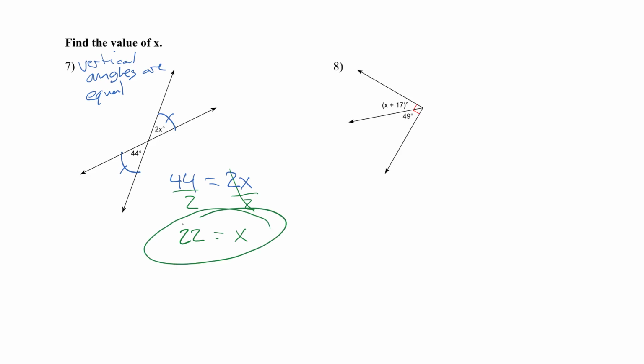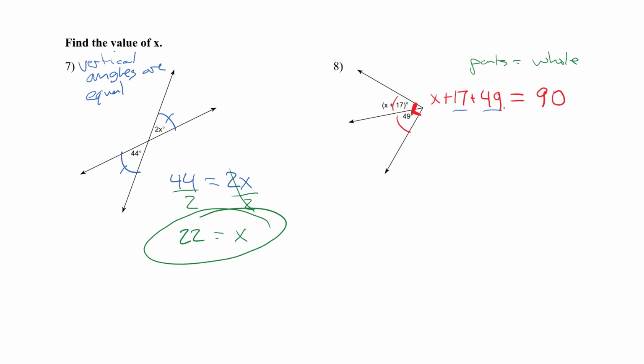Here, I'm going to use the parts add up to be the whole, and the whole thing in this case is just going to be this 90-degree angle. So the parts are x plus 17, that's this first bit, and the second bit will be the 49.